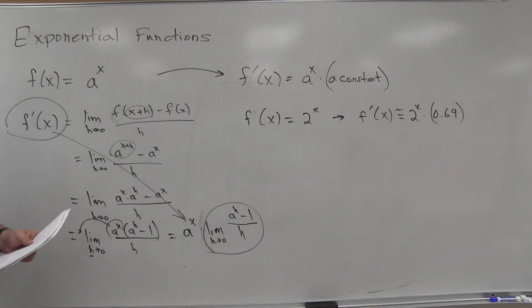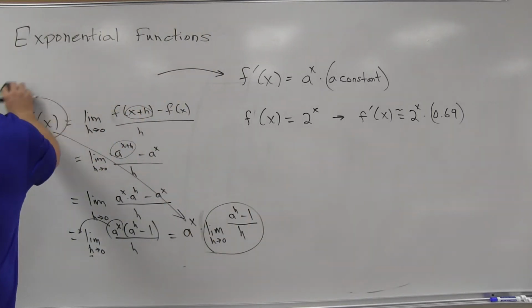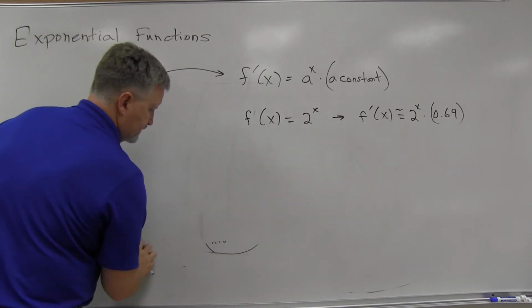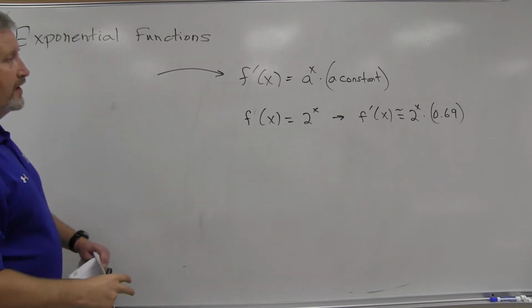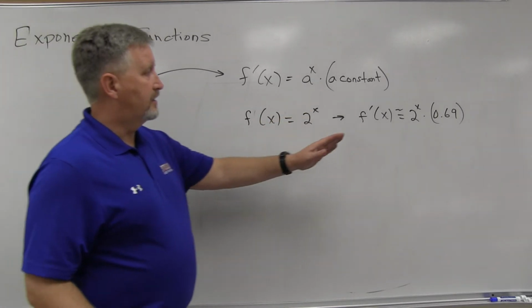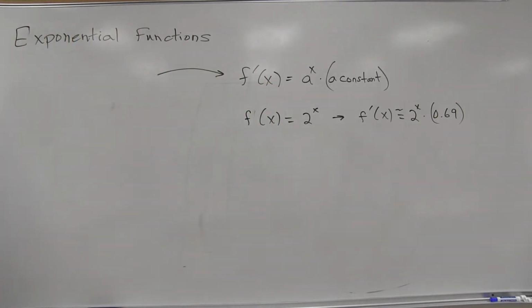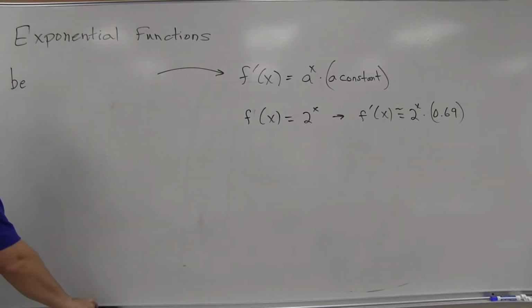Okay, now here's some really good news. The base a here is the base, so depending on your base, that determines your constant there. But if the base is base e, the number e, have you ever worked with that much?